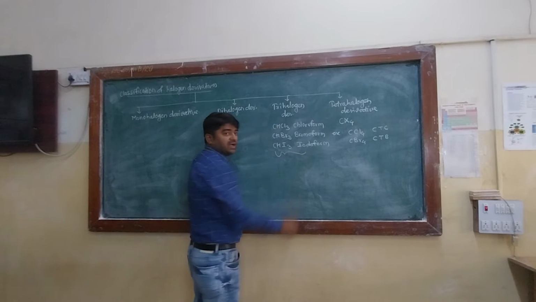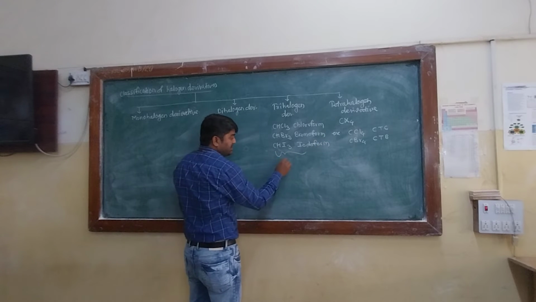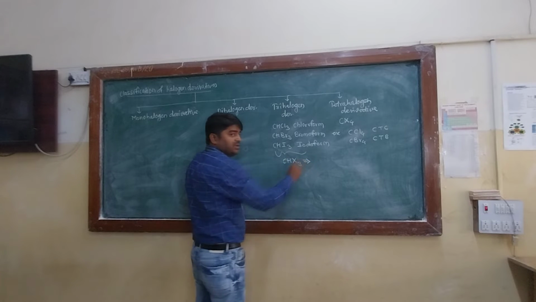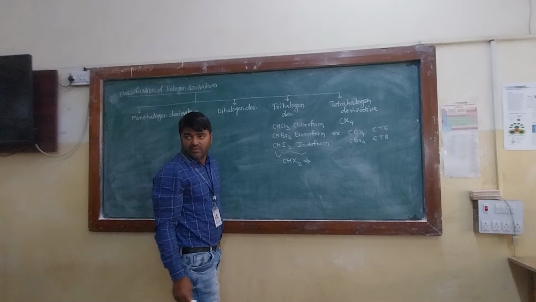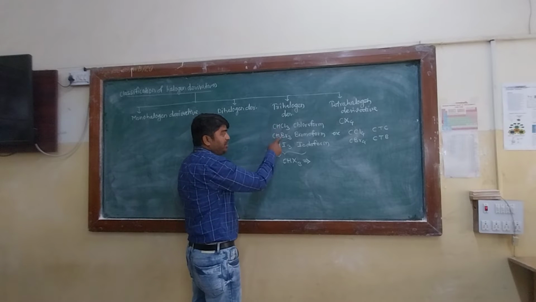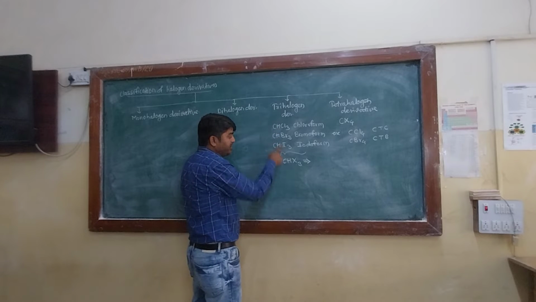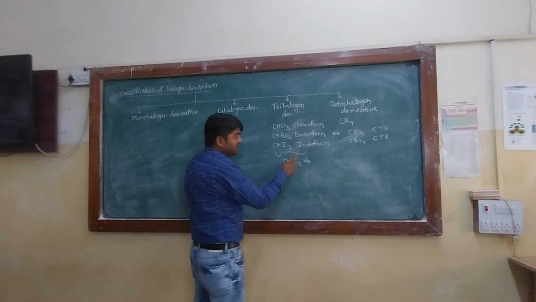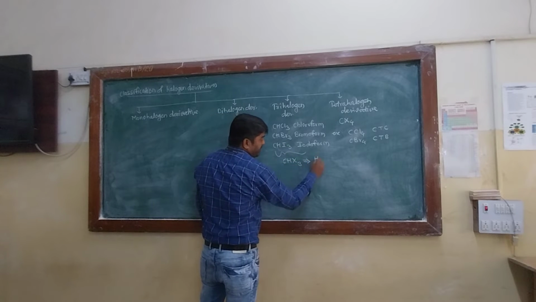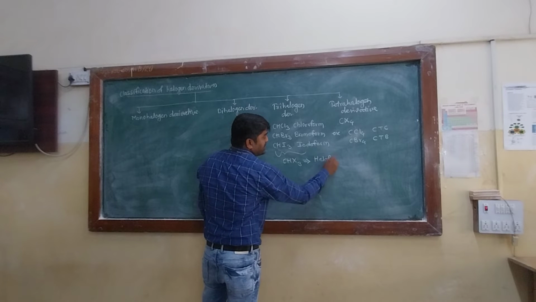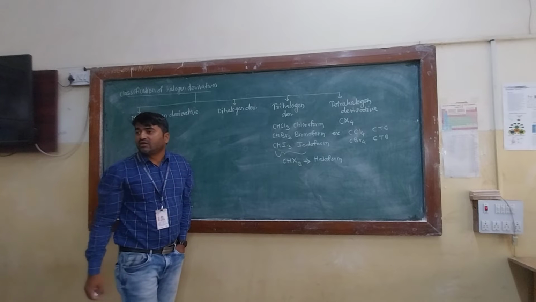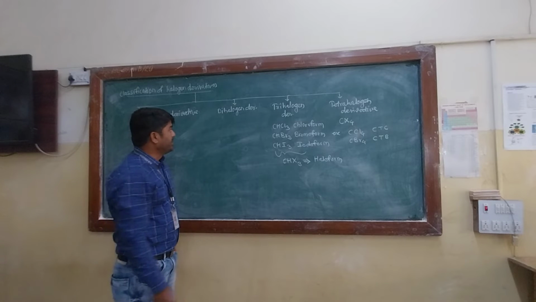Combined, these compounds are represented as CHX3. These compounds are prepared by using the haloform reaction, so this general representation is called a haloform. These compounds contain three halogen atoms, so they are called trihalogen derivatives.